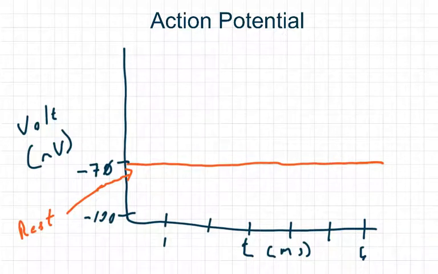at rest. Now, for an action potential to occur, the neuron needs to become depolarized to the point where it'll propagate that action potential. And what we mean by that is the neuron needs to become more positive to a certain threshold. And we're going to denote that threshold line here in yellow.